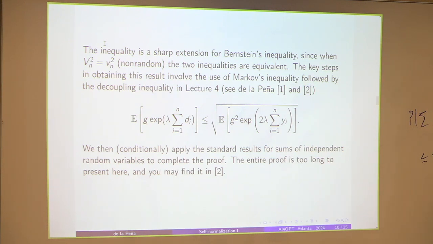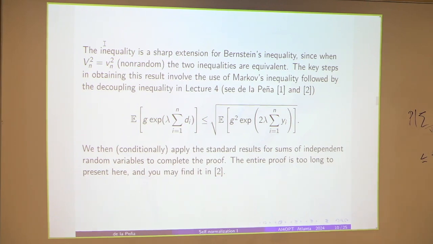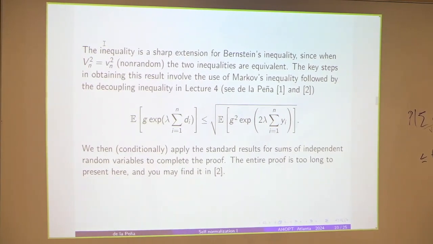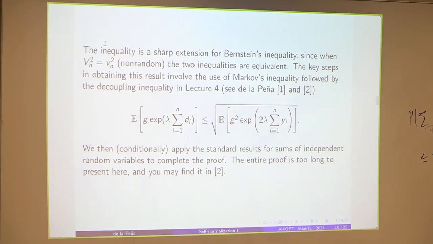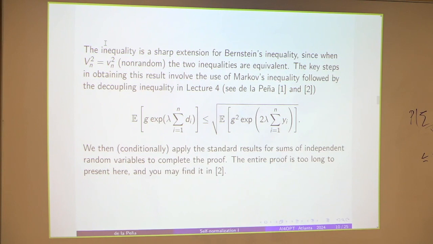Now I have martingale difference sequences, and in particular I want to extend to the case of self-normalized martingales. So I can move this to this side, and then this will be x V_n squared multiplied by minus lambda.